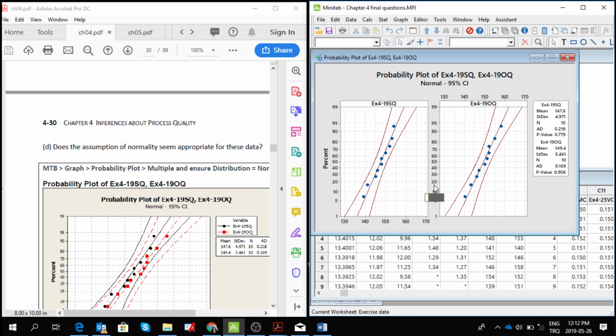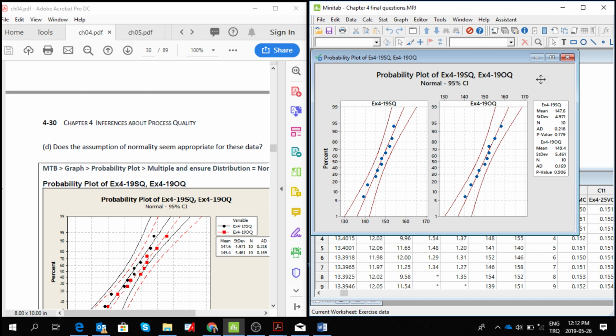Okay, as you see, this is my first data and this is my second data, and this data set lies around this line and between these two curves, and similarly this data set lies around this line and between these two curves, so both of them can be assumed to be normally distributed.